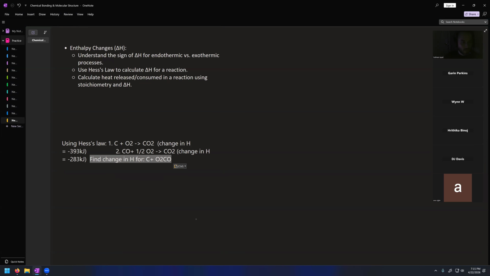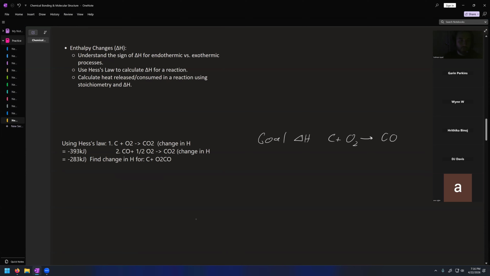I'm going to rewrite this quickly because it's a little scrambled in text format. The goal is to find the delta H for C plus O2 reacting to yield CO, carbon monoxide.